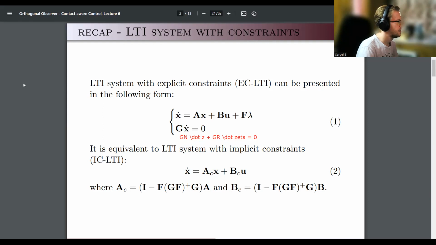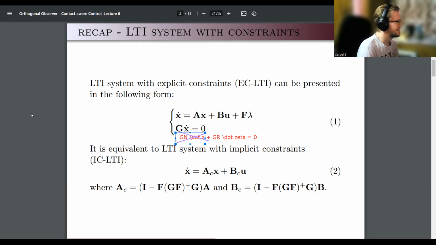Okay. If this is true, we can instantly notice that this part of the expression will always be 0, no matter what, because N is the null space of G. So G times N is equal to 0 by definition. That's just what null space is. Right?